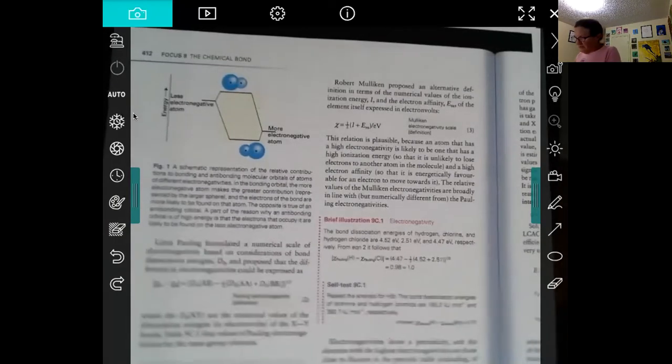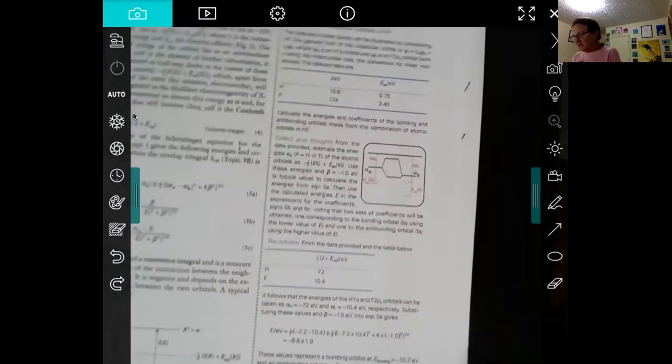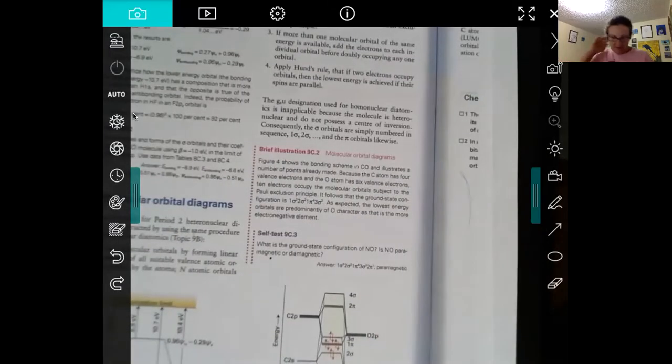So that difference in electronegativity is going to essentially show you how distorted the molecular orbital is going to be. So there will be nothing different. These molecular orbitals will be just like the molecular orbitals of a homonuclear diatomic, in that you'll fill them with Hund's rule and Pauli's exclusion principle.